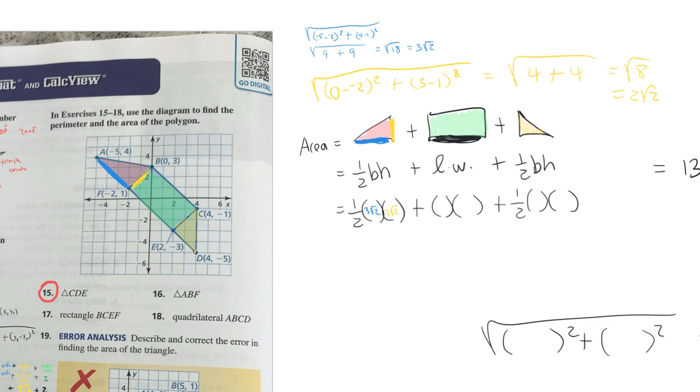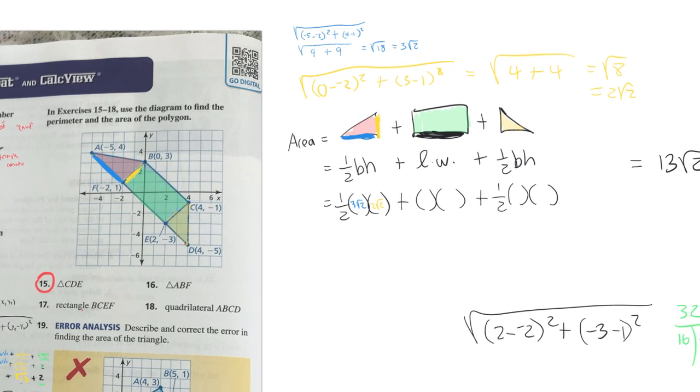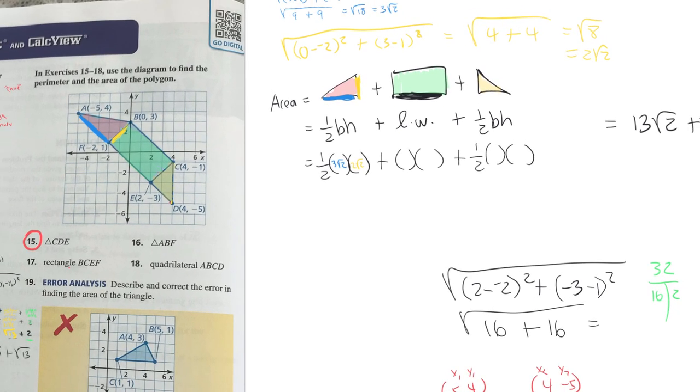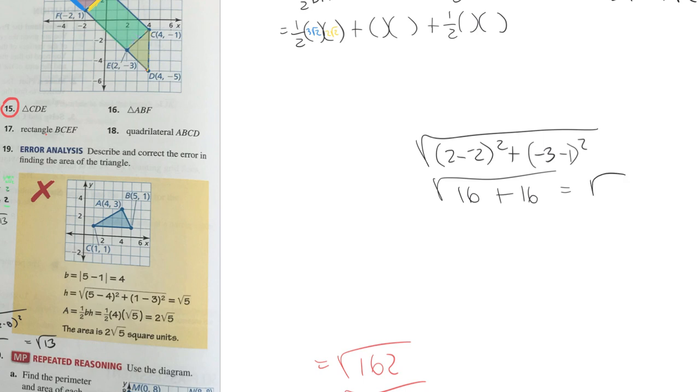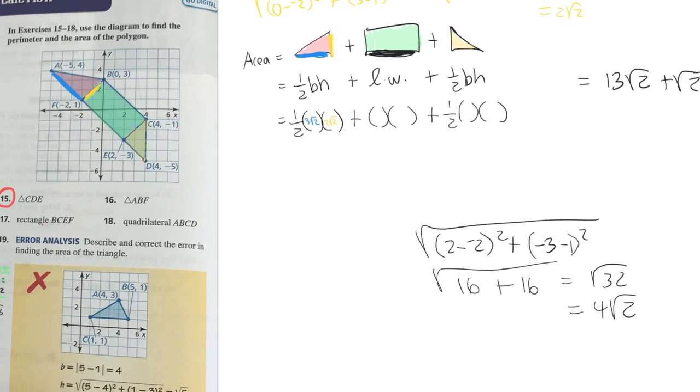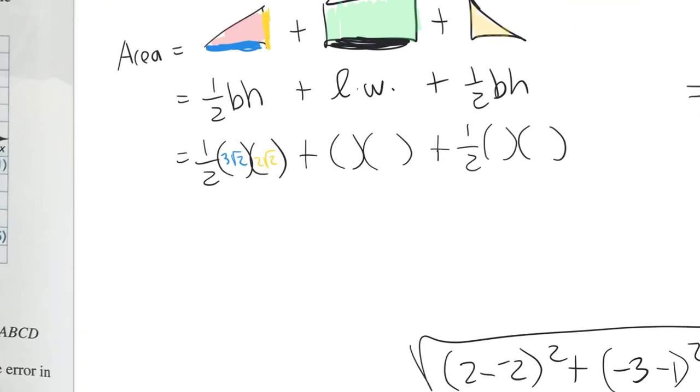The situation there would be 2 minus negative 2, and then we would have negative 3 minus 1. 2 minus negative 2 is 4, 4 squared is 16, plus negative 3 minus 1 is negative 4 squared is 16. So that's going to become radical 32, and that's really just going to become 4 radical 2. So that is going to go right here.